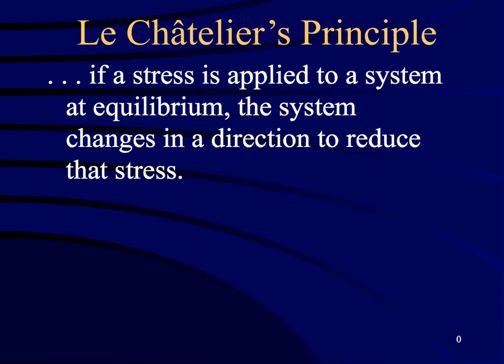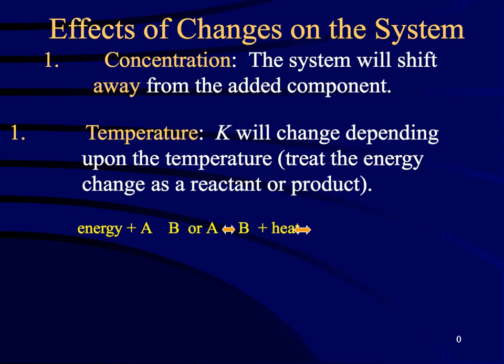In other words, we are applying stress to a system. When we apply stress, we can change the temperature, concentration, or even pressure. If we change any of those things, it's going to move away from the added stress. It wants to get rid of the stress.